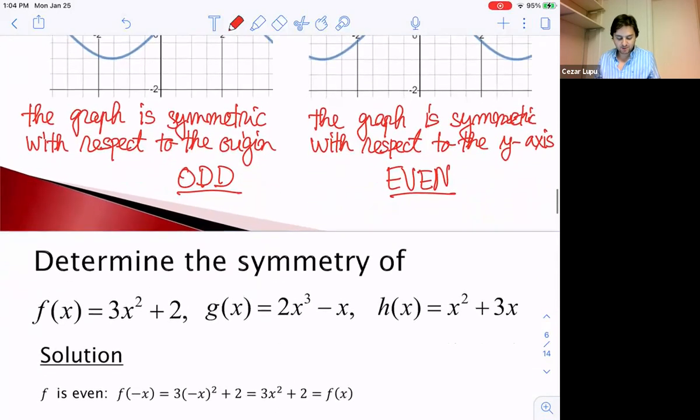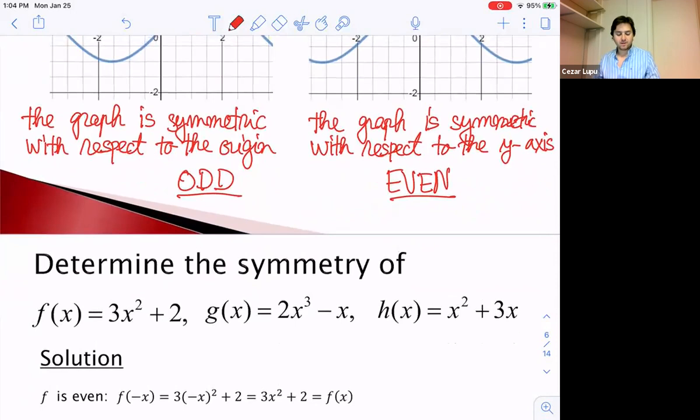So the first one is indeed even, because if you look at f of negative x, and you plug in negative x instead of x, you'll have that f of negative x will be nothing else than 3 times negative x, everything squared, plus 2. But like we have previously seen, we know that the function x squared in particular is even.